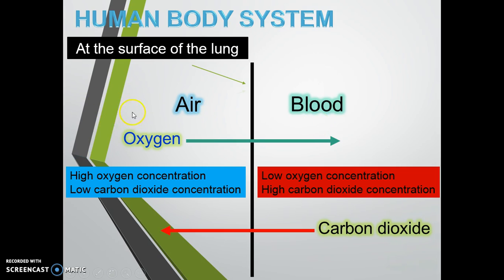So the high concentration of oxygen in the environment will tend to move, or dissolve, into our blood, which has a low concentration of oxygen, whereas in our blood there is a high concentration of carbon dioxide, and the atmosphere contains a low carbon dioxide concentration. So the higher concentration of carbon dioxide will move out from our blood to the environment, towards the low concentration of carbon dioxide.